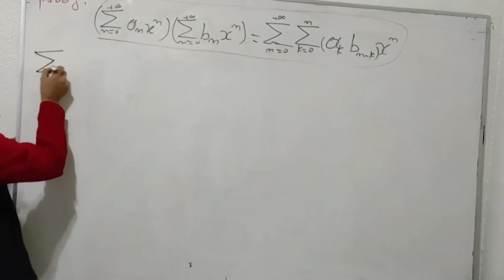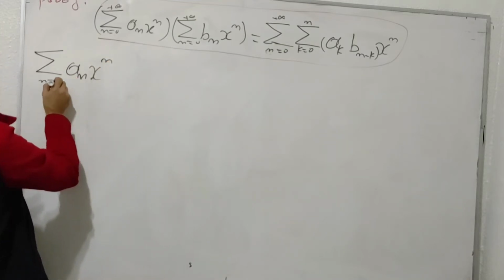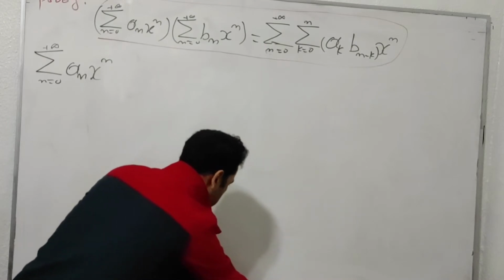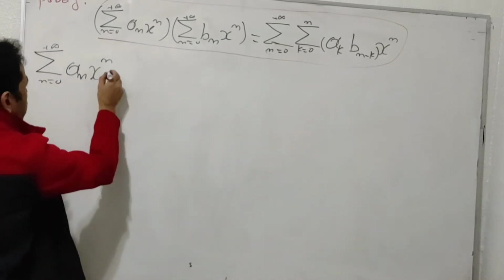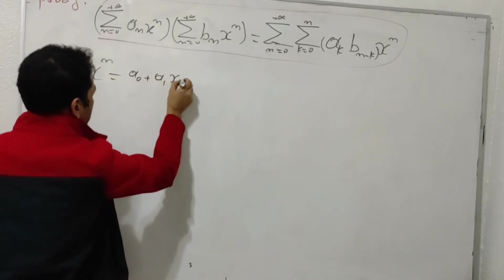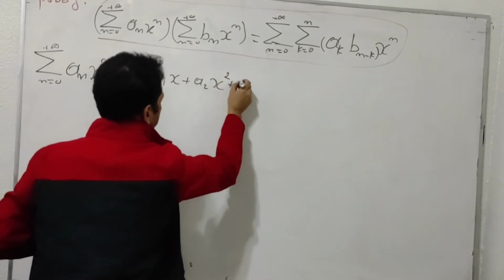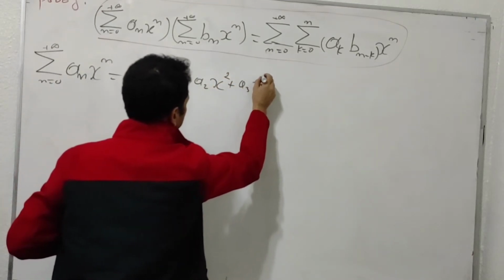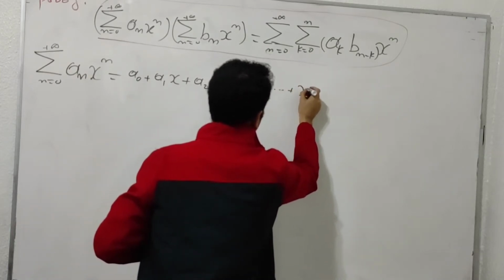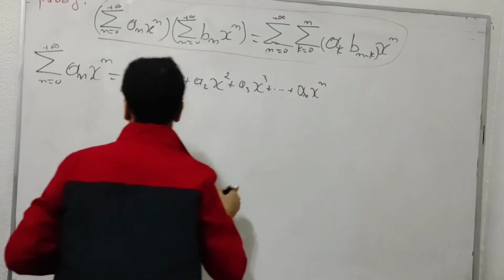We have the sum of A sub n multiplied by x to the n, as n goes from 0 to plus infinity, equal to A sub 0 plus A sub 1 times x plus A sub 2 times x squared plus A sub 3 times x cubed, and so on and so forth until we get the last term, A sub n times x to the n.